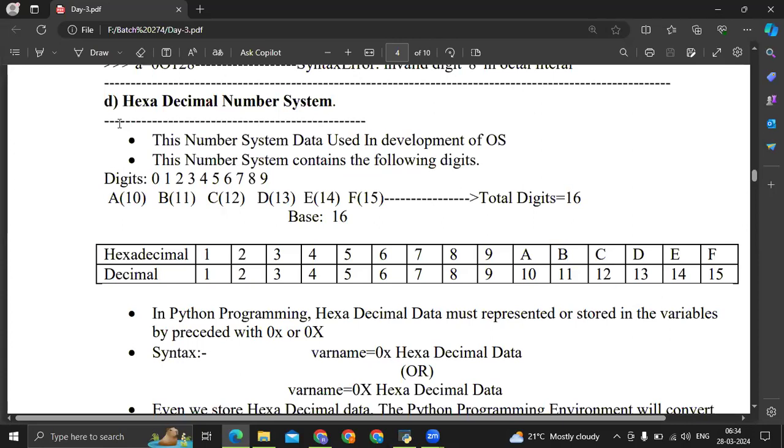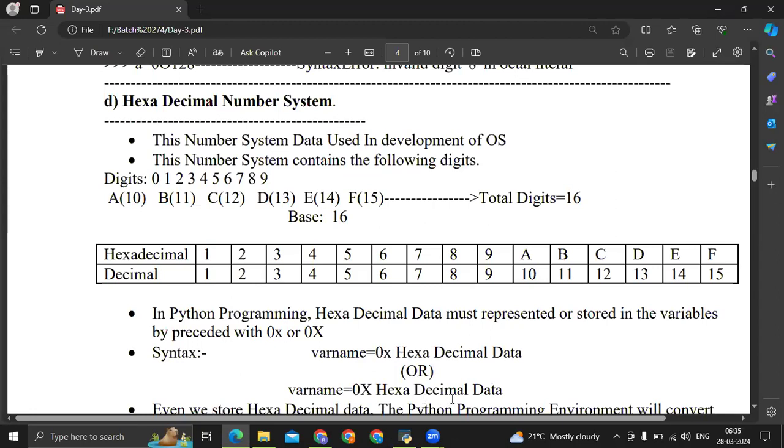In Python programming, the hexadecimal number system must be represented or stored in the variable with 0x or 0X in uppercase. Syntax: variable name is equal to 0x hexadecimal data.